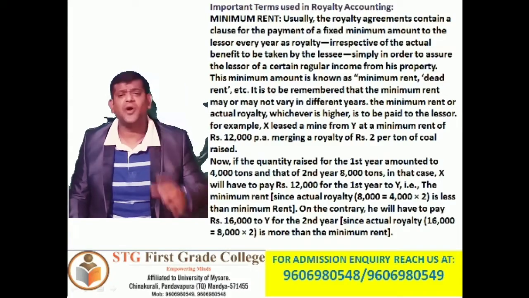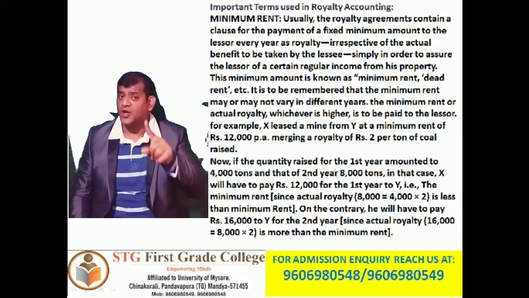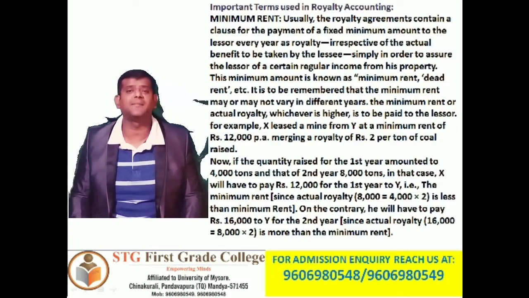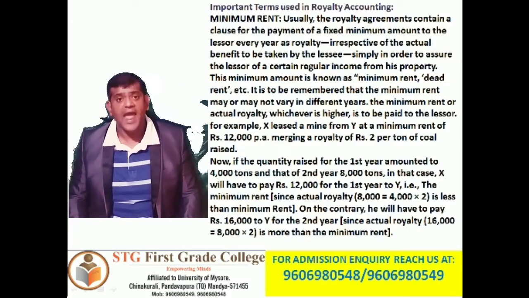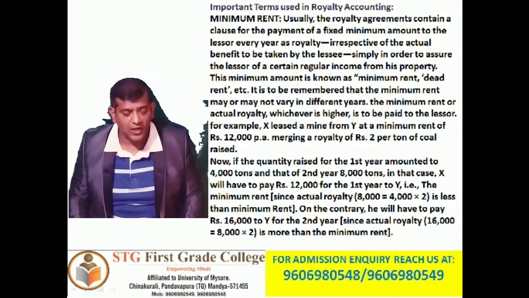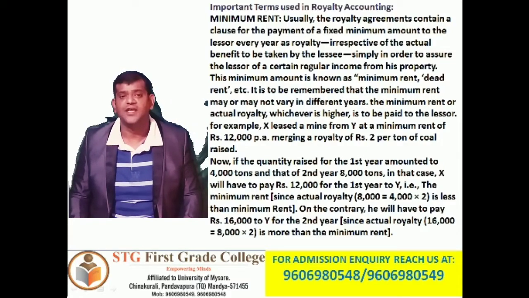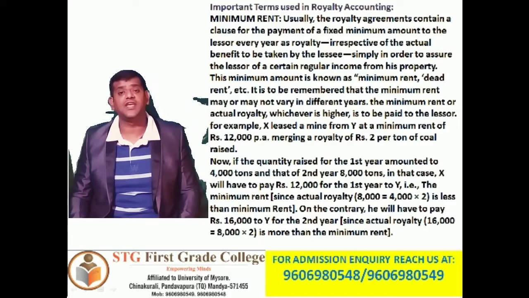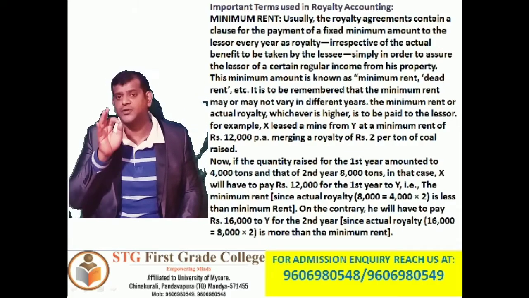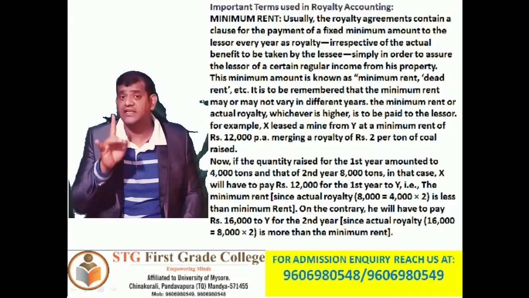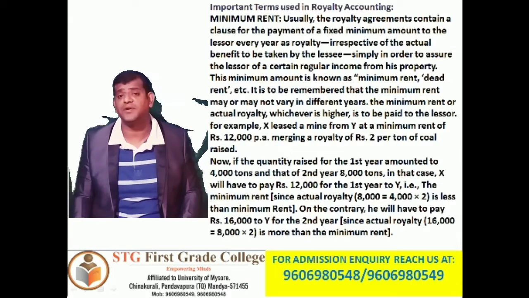Usually the royalty agreement contains a clause for the payment of a fixed minimum amount to the lessor every year as a royalty, irrespective of the actual benefit taken by the lessee, simply in order to assure the lessor of a certain regular income from his property.